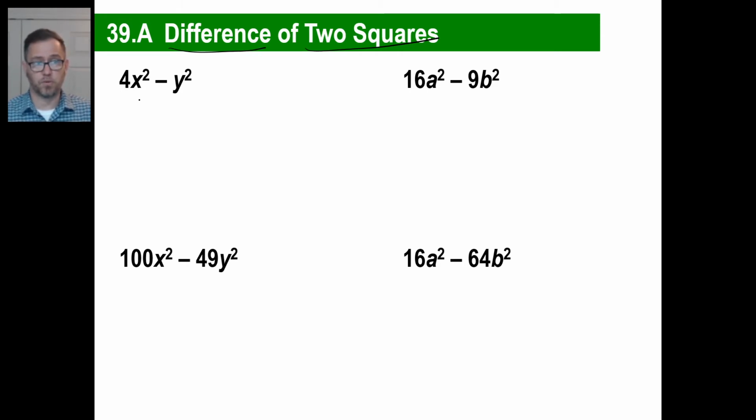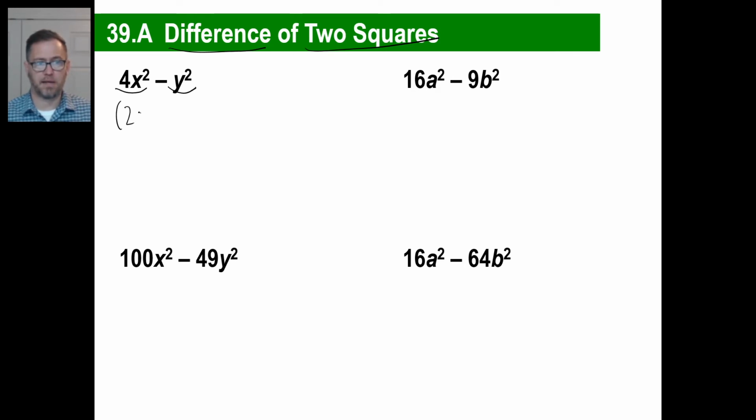Addition won't work, just subtraction. So when you see two squares, you ask, is y squared a square of something? Yeah, of y. Is 4x squared a square of something? Well, 4 is the square of 2, x squared is the square of x, so it's 2x. All you'll do is find the square root of this and the square root of that, and write them both twice.